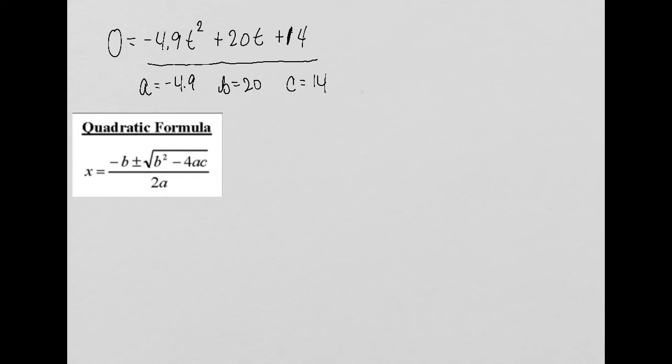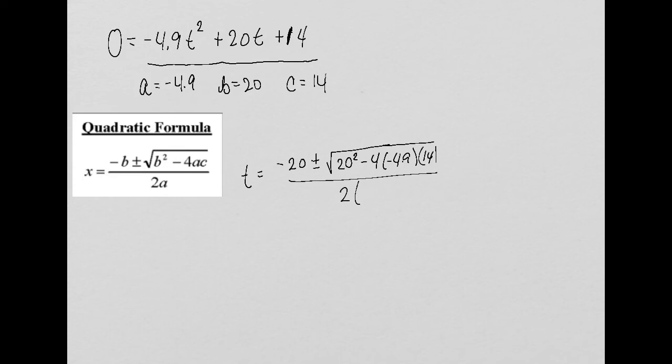Substituting these values into the quadratic formula, t equals negative 20 plus or minus the square root of 20 squared minus 4 times negative 4.9 times C, which is 14, all over 2 times negative 4.9.